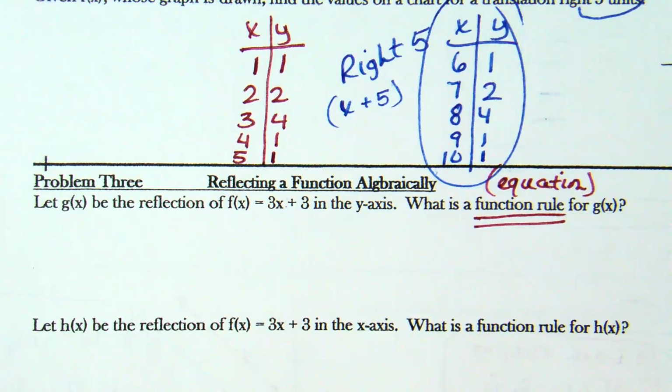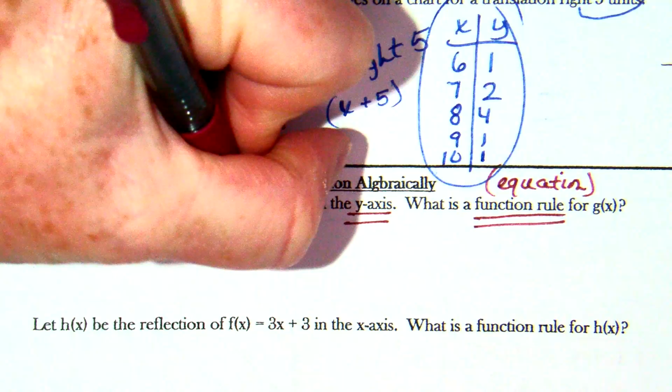Now, it's asked for a reflection, right? And it's a reflection in the y-axis. If you look back to the front, what did it say about a reflection in the y-axis? It said to do what? f of negative x, where the negative is on the x, right?